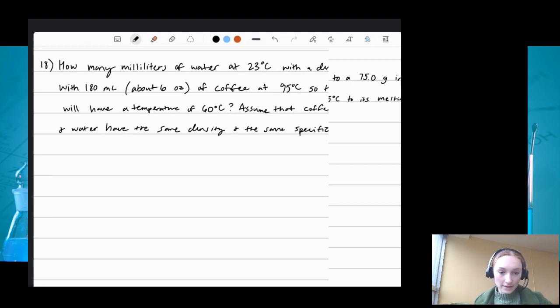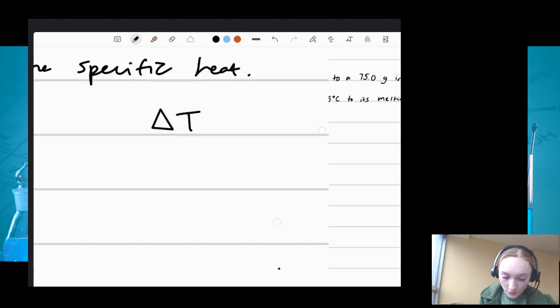So we know that the water has to be 23 degrees Celsius, right? And they both go to 60. So the coffee's at 95, water's at 23, and they both go to 60. So these are the changes in temperature of the water and coffee. So let's write that down first. So delta T, and make sure to write down here or below which one you're talking about, so that you don't cross-track different values that you're calculating for.